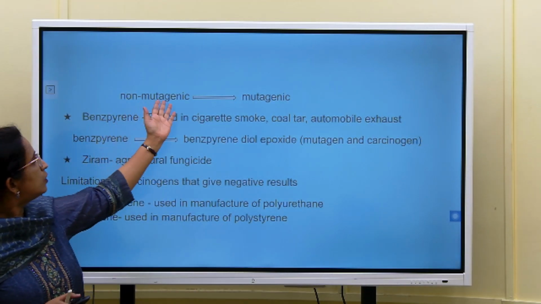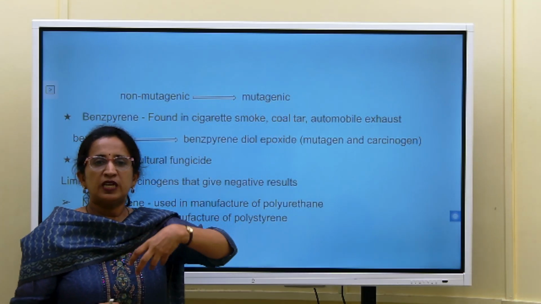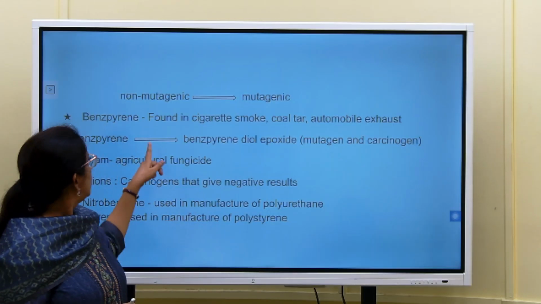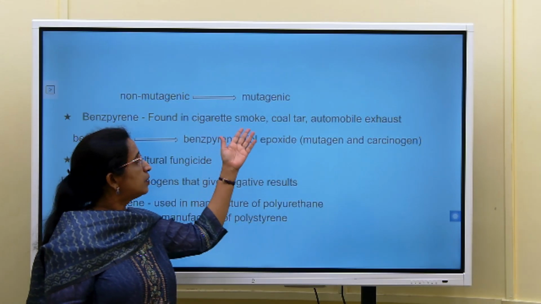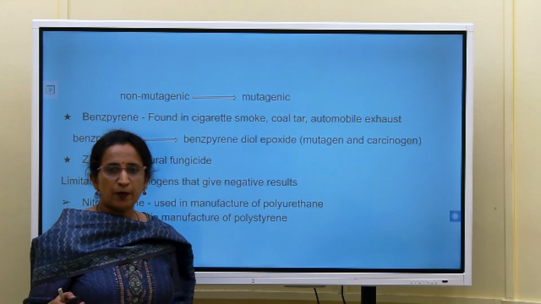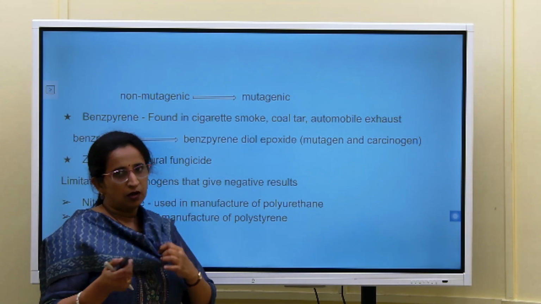So then it becomes a foolproof test. Some examples of compounds that behave in this way, that is, they become mutagenic when they go inside your body. For example, benzpyrene. Benzpyrene is found in cigarette smoke, coal tar, and automobile exhaust. So, we are exposed to it all around us.